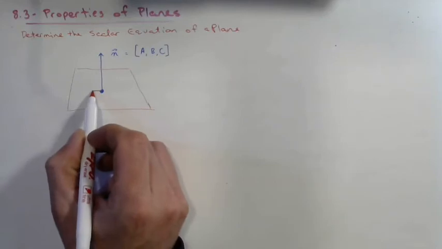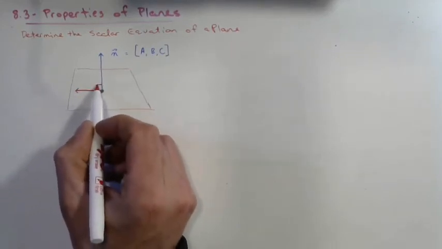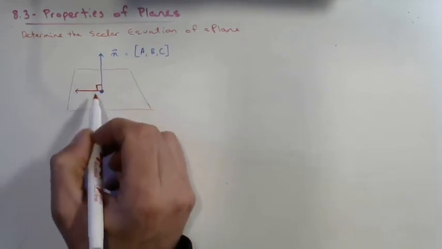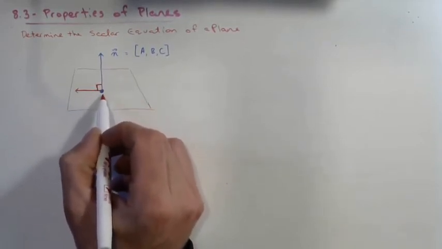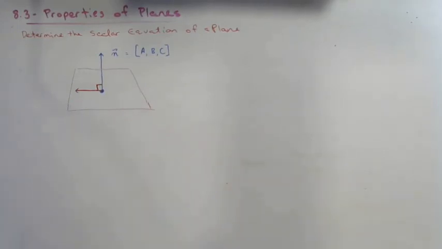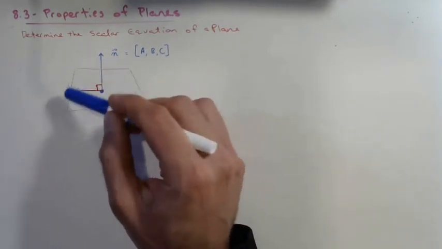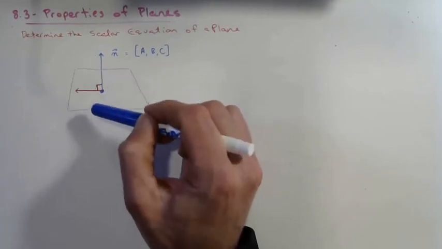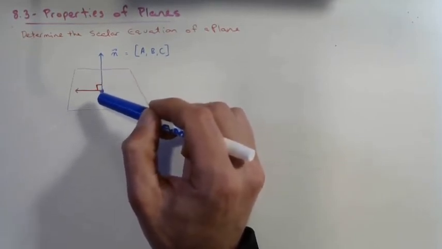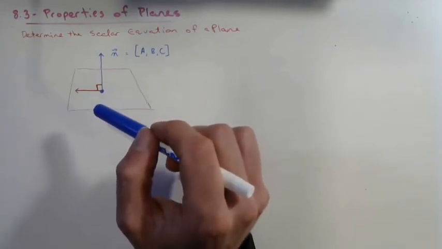So if we find another vector like this that is perpendicular to the normal vector and has its tail at the same point as the point of the normal vector, then we can develop a scalar equation for the plane. Because we know it will be perpendicular to the normal, just like our plane is, making it parallel to the plane, and it's actually sitting on the plane because it comes from a point that is on the plane.